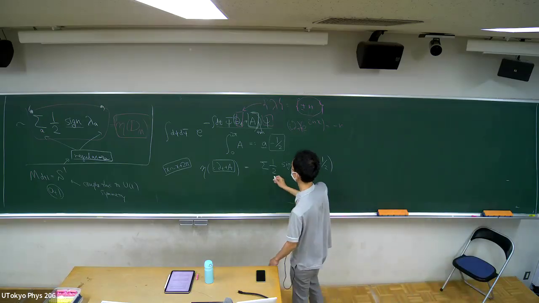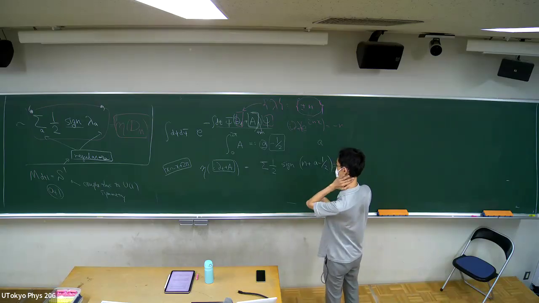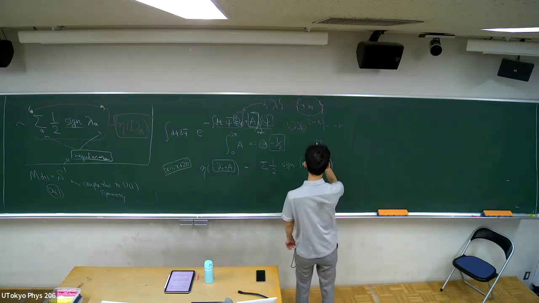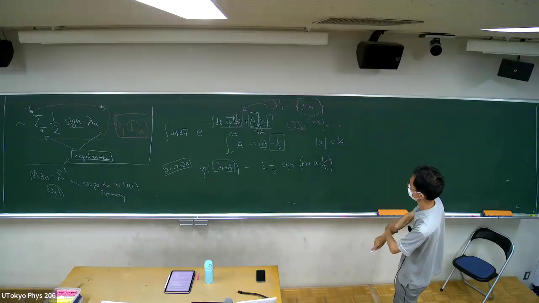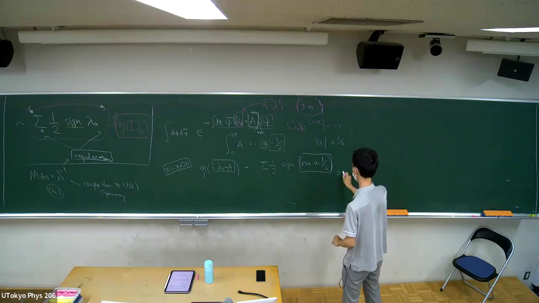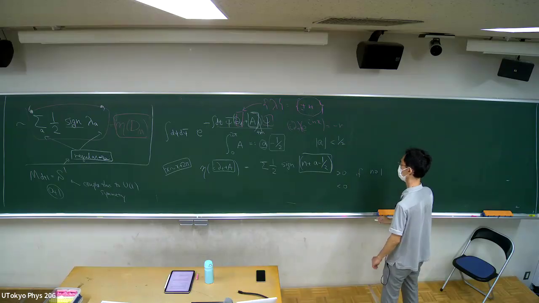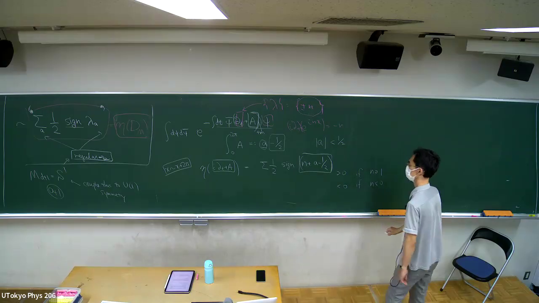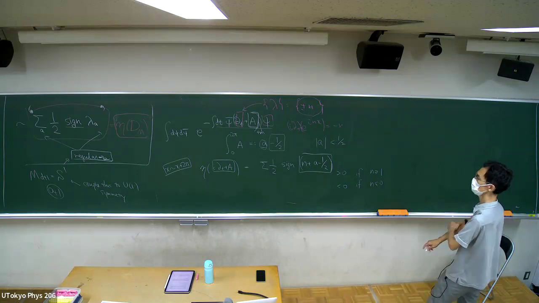So let's say, by using a large gauge transformation, A can be put within the range of one-half. Then this number is positive or negative depending on whether n is larger than 1, or n is smaller than 0, right?